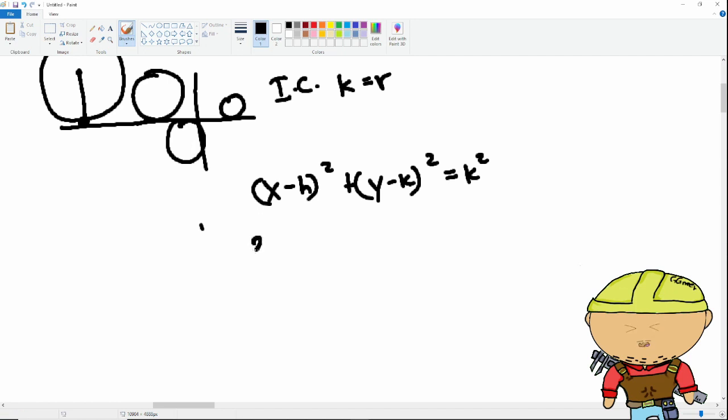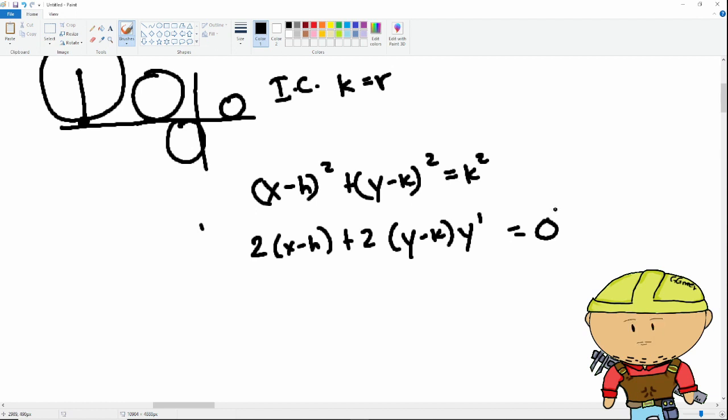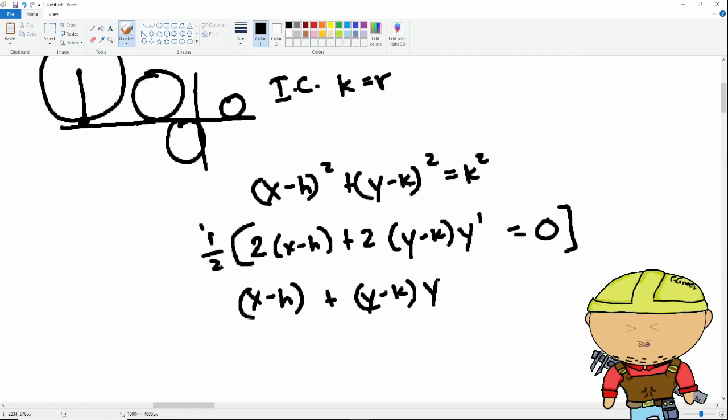So this will become 2 times x minus h plus 2 times y minus k times y prime is equal to 0. Divide both sides by 2. This becomes x minus h plus y minus k times y prime is equal to 0.